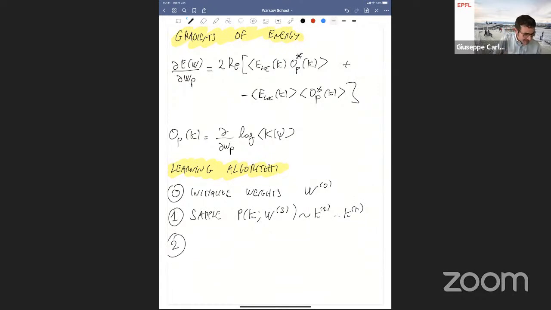From these samples, I will compute the mean of the local energy, and this will give me an estimate of the expectation value of the Hamiltonian for that given set of weights.